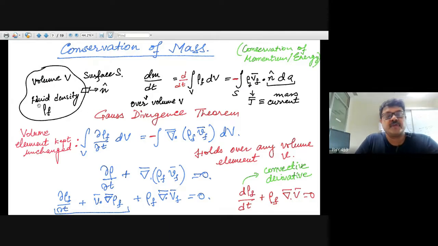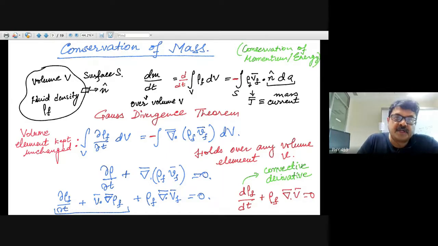But suppose there is fluid flowing out of this volume through this surface; then the mass inside this volume will change. And what is the rate of change of mass with time in volume V? Well, suppose the fluid is flowing out in some random direction.